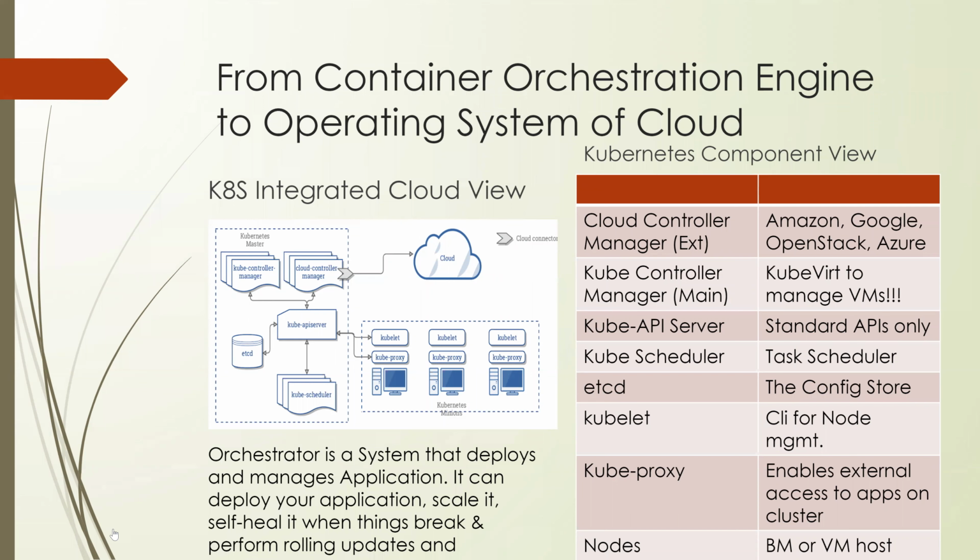Here what we see is an integrated cloud view. Let me buzz through quickly. What is the Kubernetes principle of operation? We will look at it, let's say, from 40,000 feet high. What are we looking at? We are looking at master nodes. Then we are looking at packaging the applications.